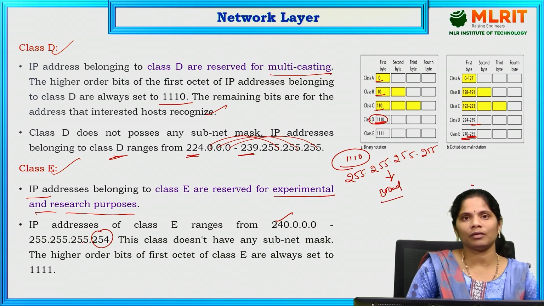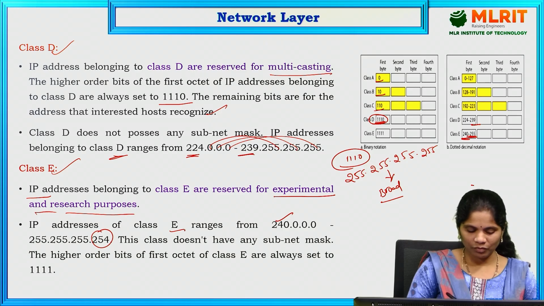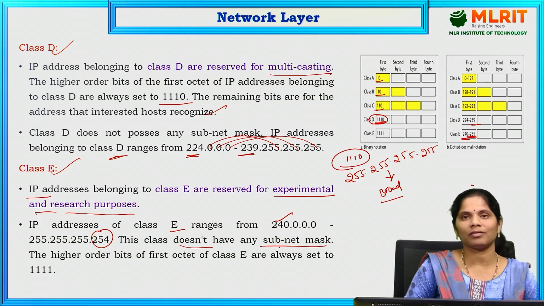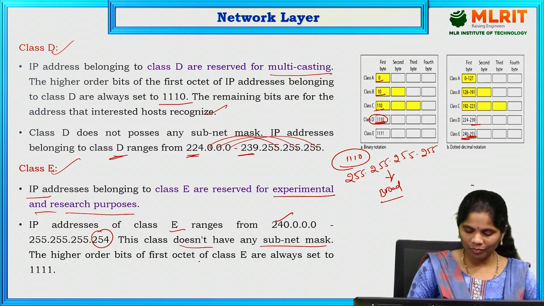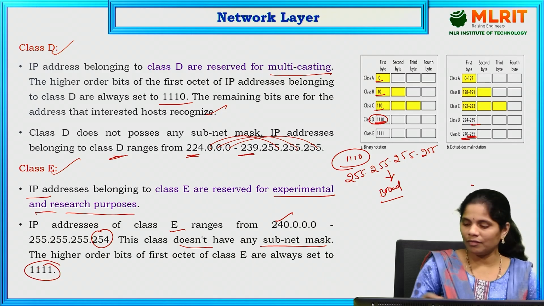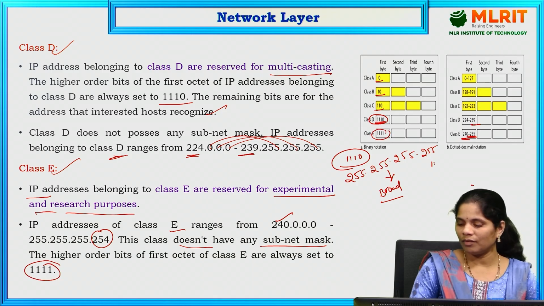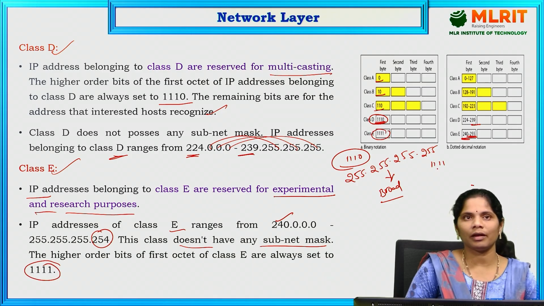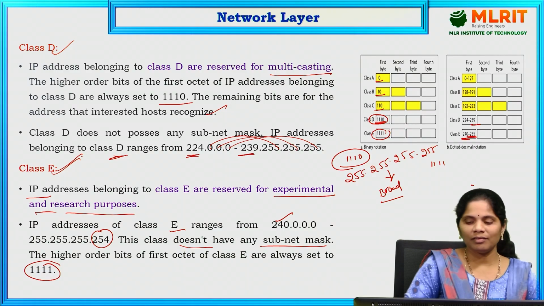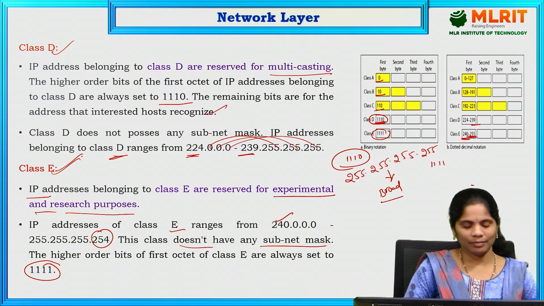That is the class E range. This class does not have any subnet mask. The higher order bits of the first octet are set to 1111, and we use this higher order in class E. These are the different classes in IP addresses.